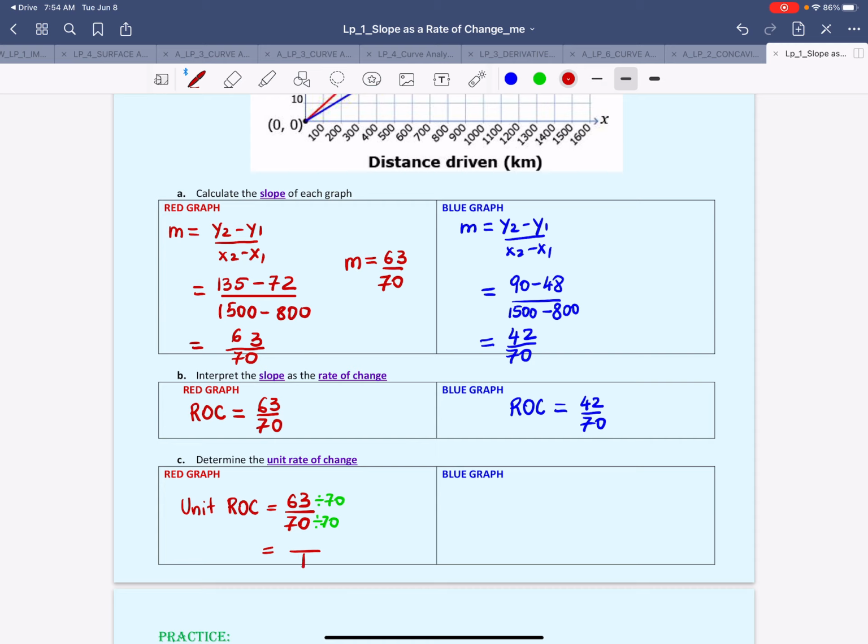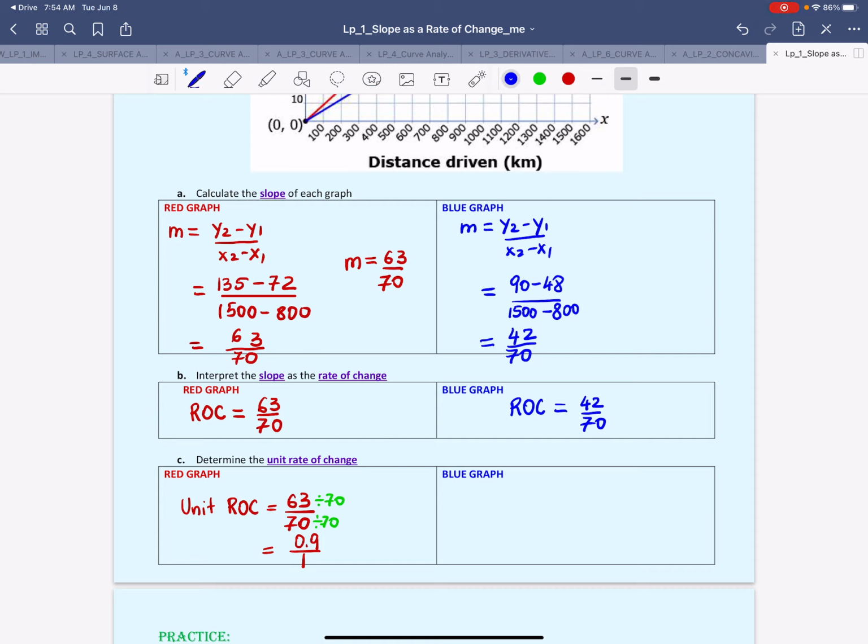And 63 divided by 70, they both have the same common factor of 7. And if you use a calculator, and that's what we're supposed to do at this point in time, we find that 63 divided by 70 is 0.9. So we'll write 0.9 liters per every kilometer.